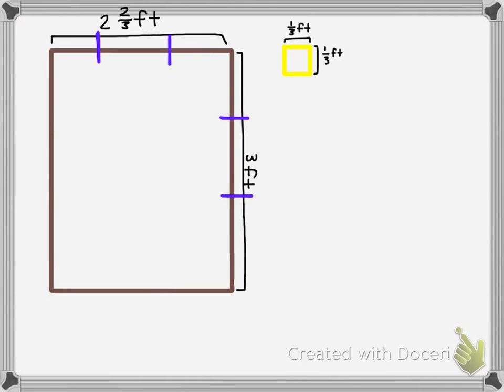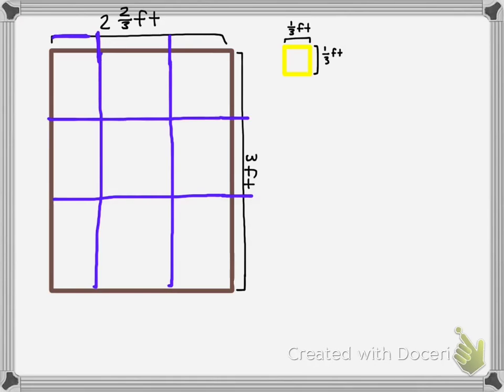I left this one a little bit smaller because it says it's 2/3. So it's not quite a full foot over there. Now in each of my square feet, I know that I can fit 9 of the 1/3 yellow tiles. So I'm going to fill those in now.